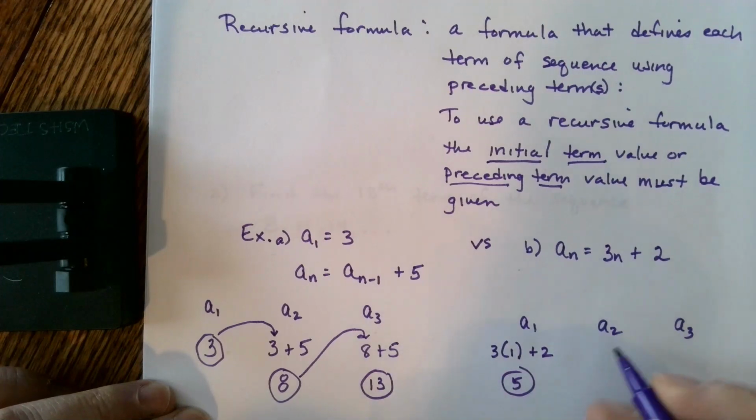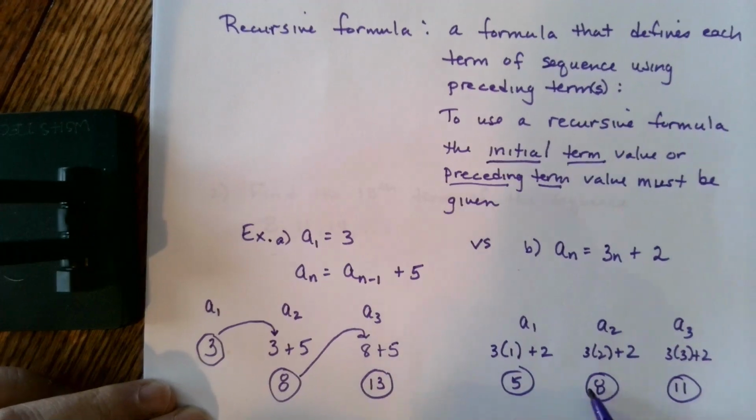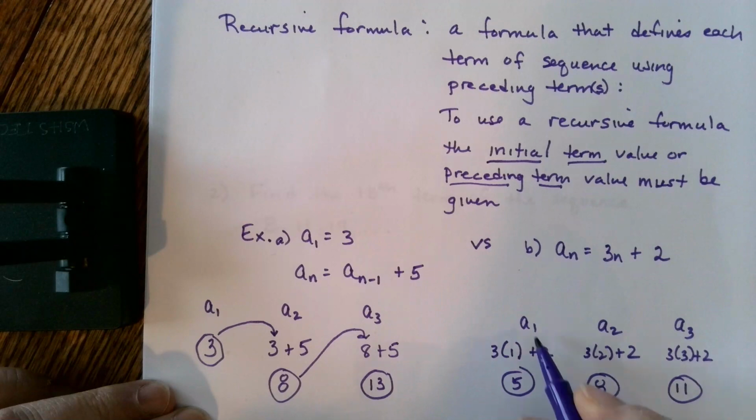If I'm looking for my second term's value, I just simply substitute in a 2, and my second term's value is 8. And if I'm looking for my third term's value, I simply substitute in the 3, and my third term's value is 11. So you see, I didn't need to know the previous terms. All I needed to know was what term I was looking for, and I could substitute that in for n.